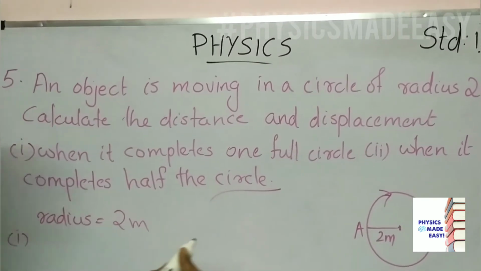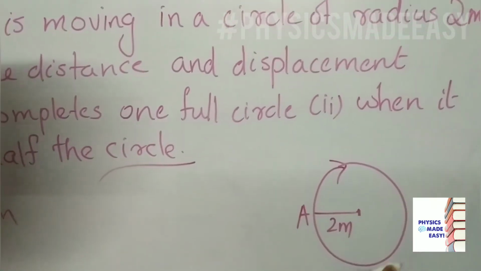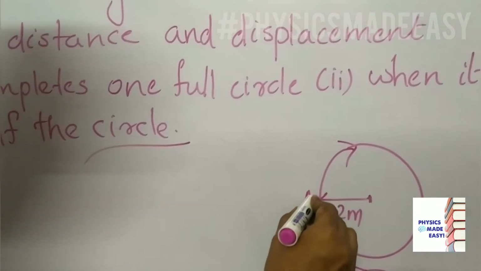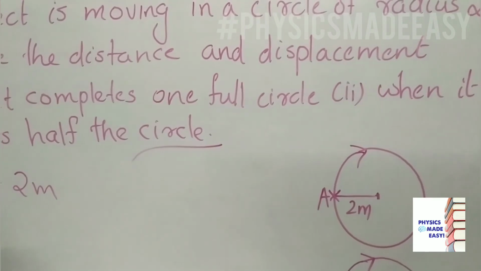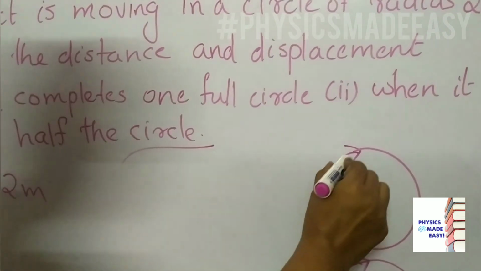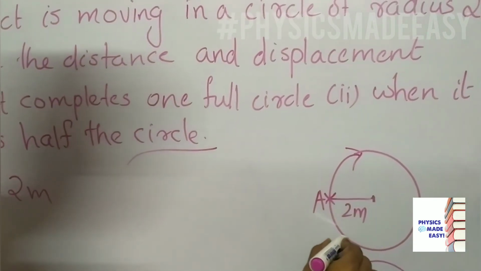Here you can see, if that object is completing full circle, that time you can consider A is the initial position and that is moving like this through the circular path.